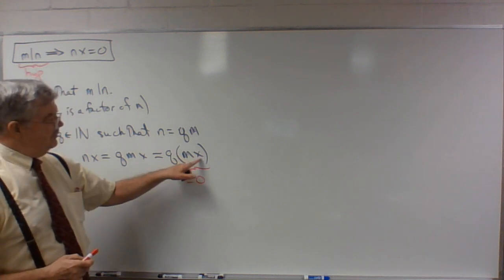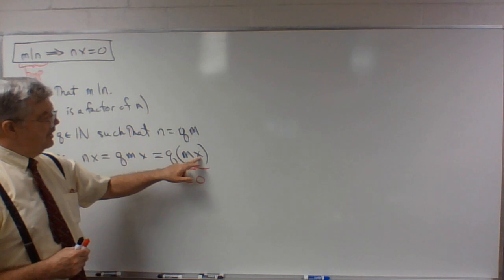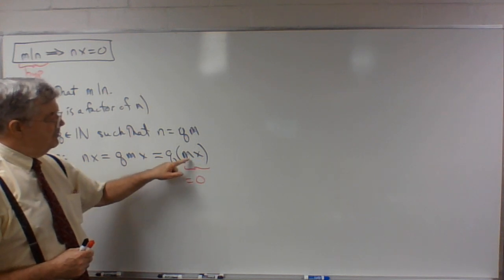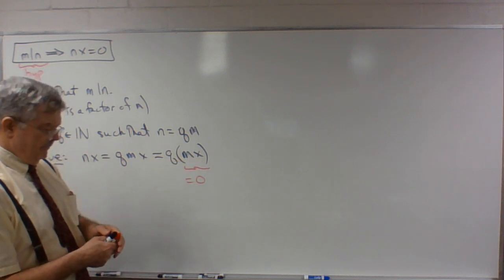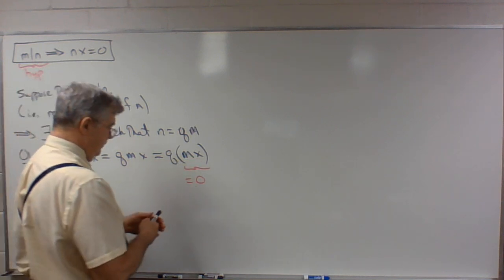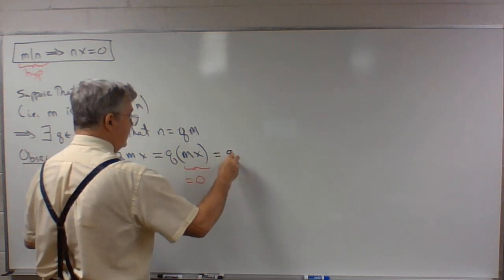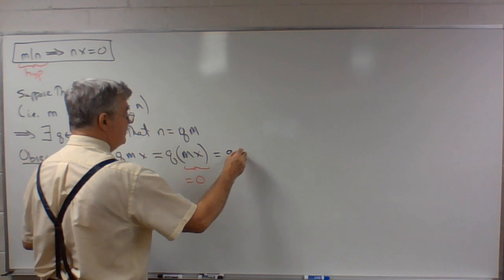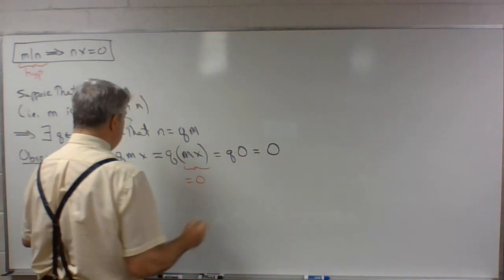But mx equals 0. m is the order of the element x, so m is the smallest natural number that we can multiply x by and get 0. So that gives us q times the identity, 0, or q times 0, which is 0.